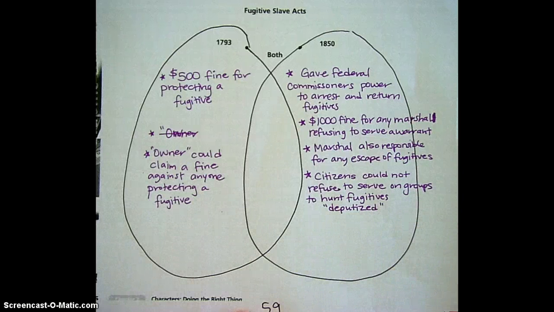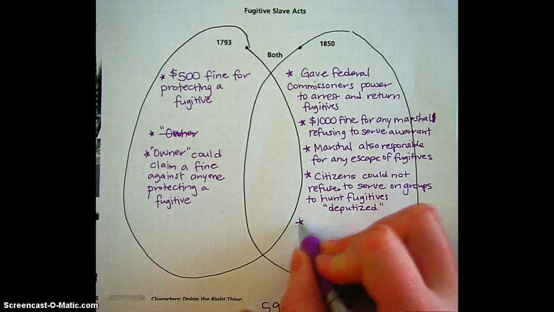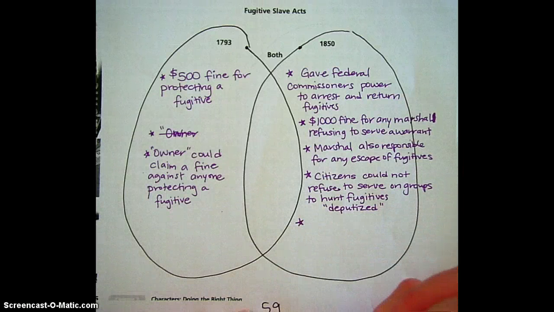That means if a police officer was trying to track a slave down and running after him or her, they could turn to you as a citizen and say, I deputize you to hunt this person down with me. And you would have to do it. You could not refuse. If you refused, it was punishable by arrest or fine.